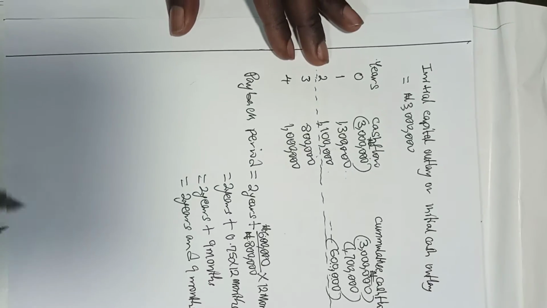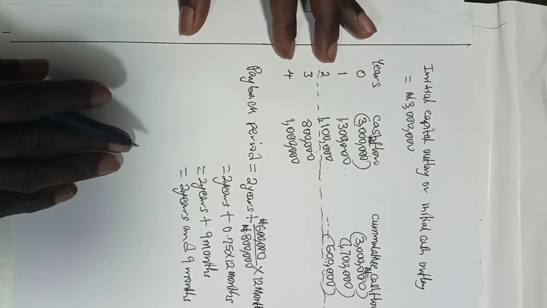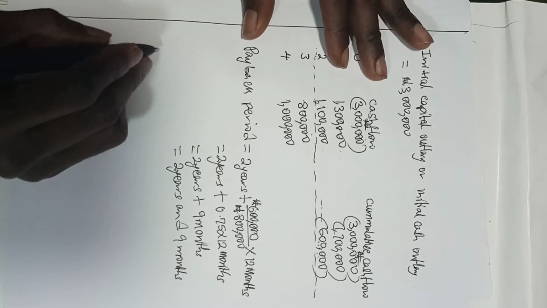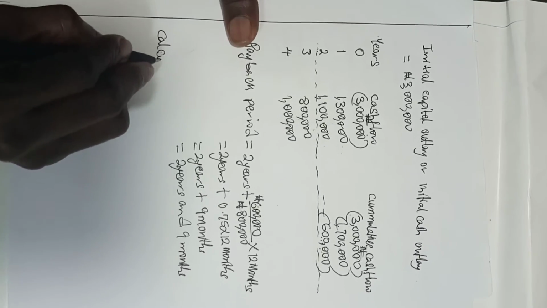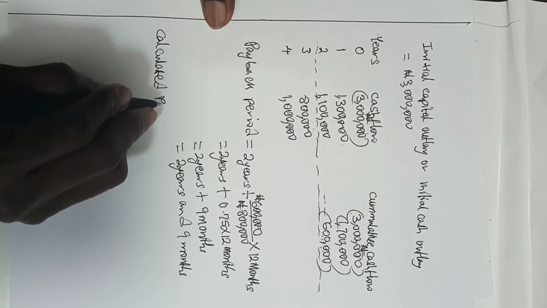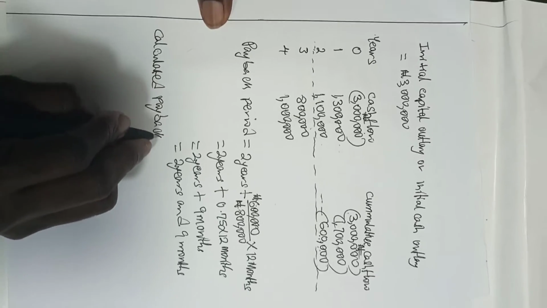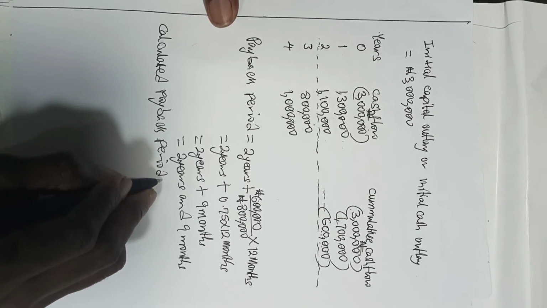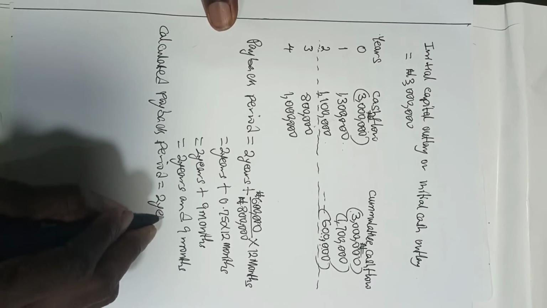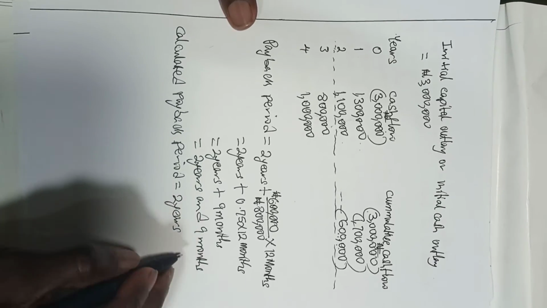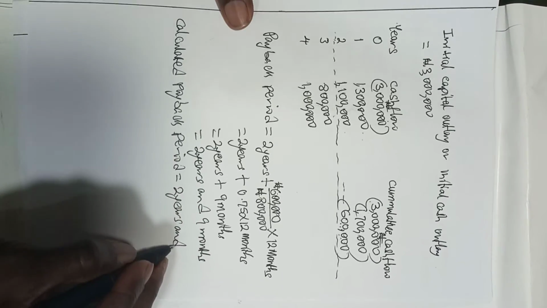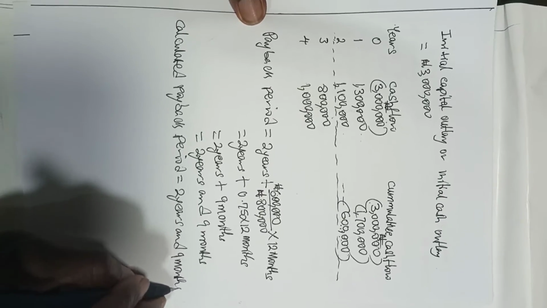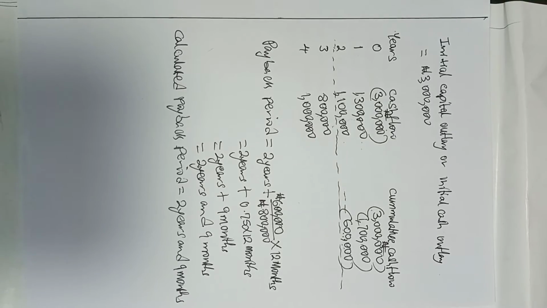So this is our calculated payback period. Calculated payback period is equal to 2 years and 9 months.